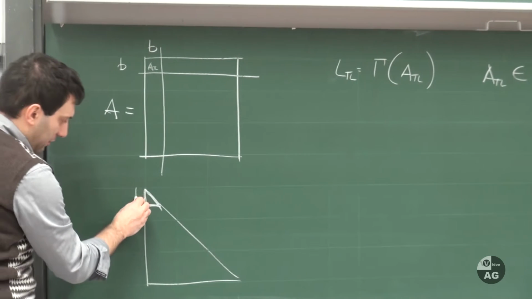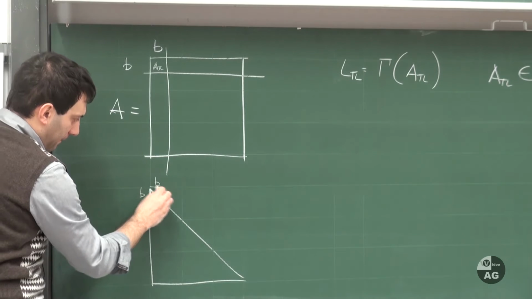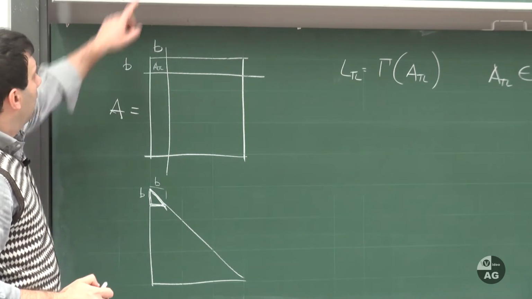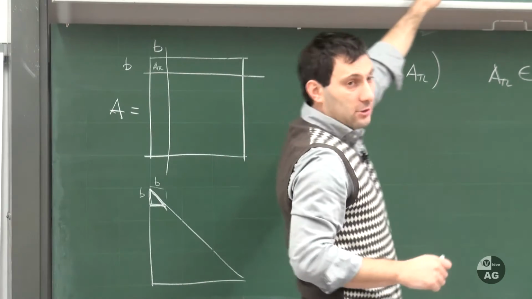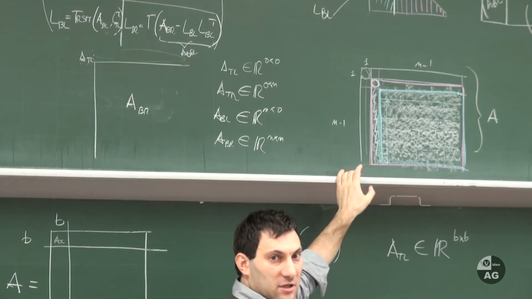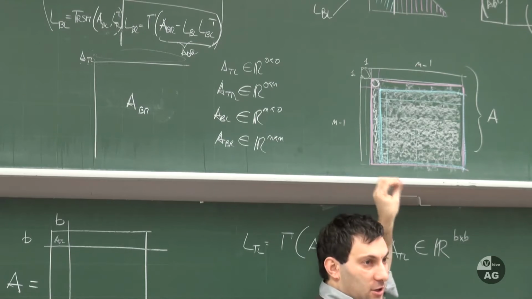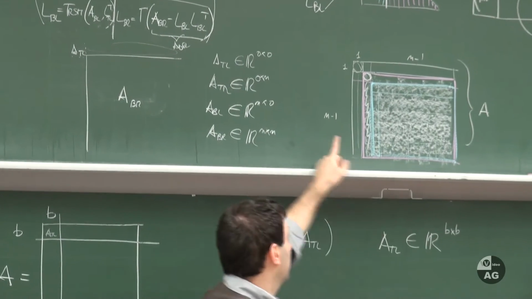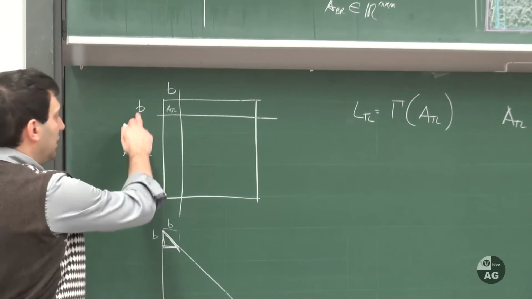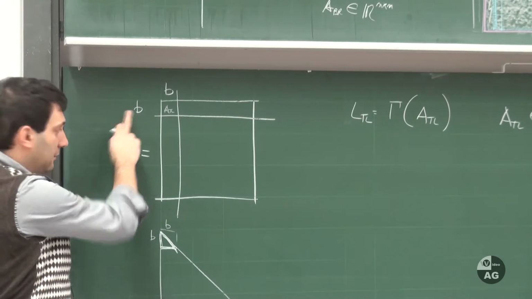Now this is b by b. This algorithm is called unblocked. So there are no blocks, it's unblocked. It means that it proceeds one column at a time, or one scalar at a time. This algorithm here is called blocked, and b is the size of the block.